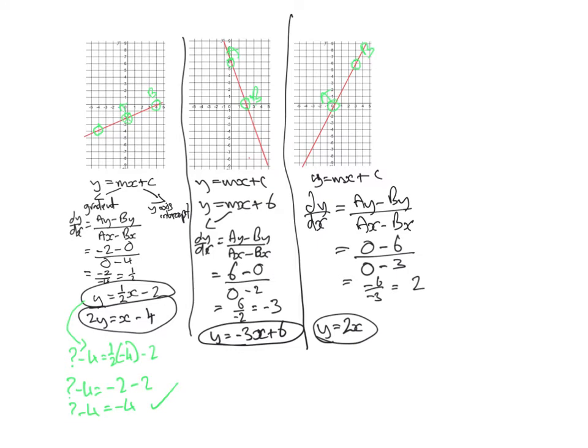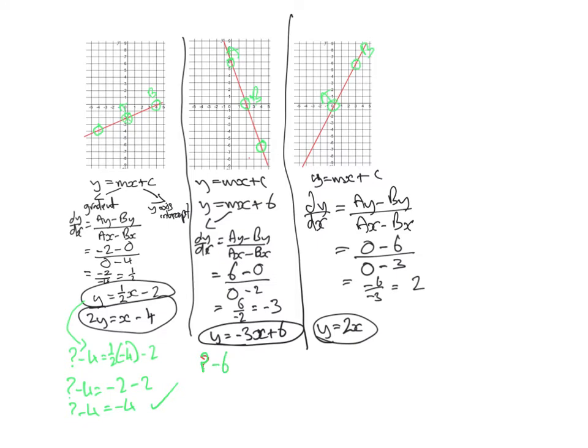Okay, so let's have a go with this second one. Let's pick one. Where's there a nice one? There's a nice one. So that's 4, -6, isn't it? So 4, -6. So in that case y is -6.